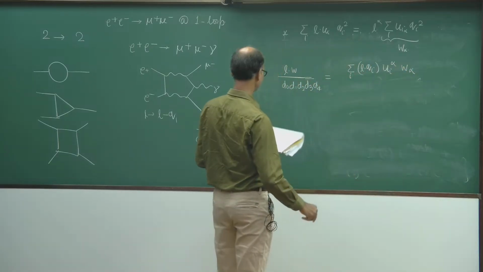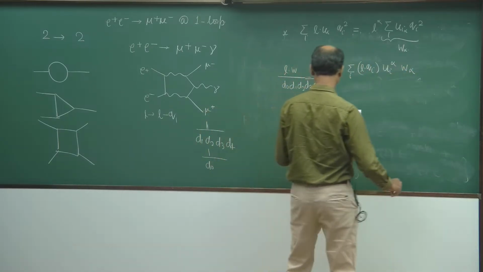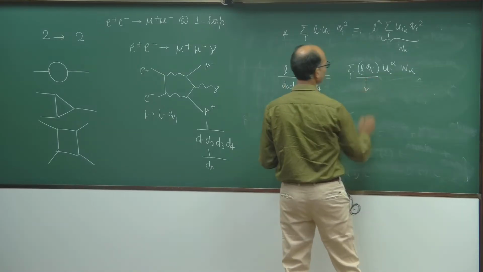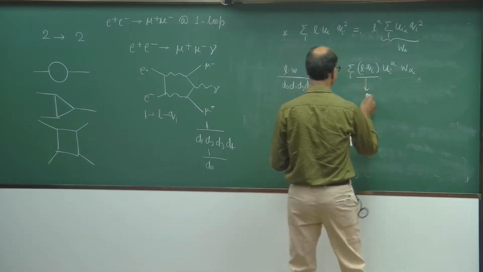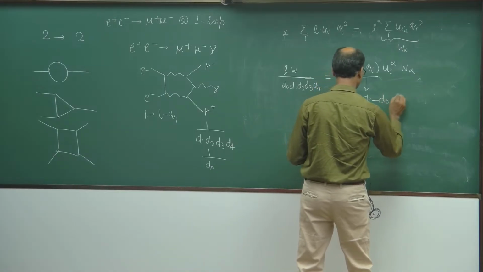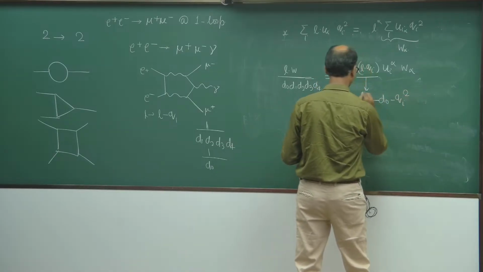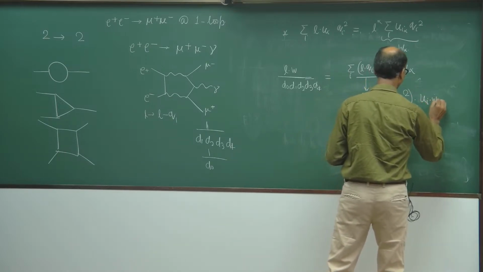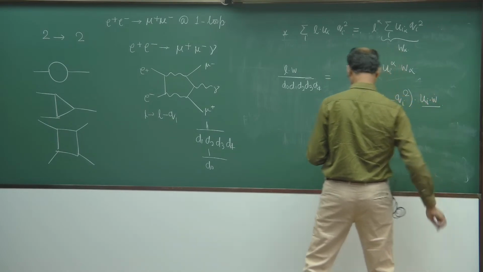Okay. So, this part again can be written as Di minus D0 minus Qi squared with Ui dot W. Okay.